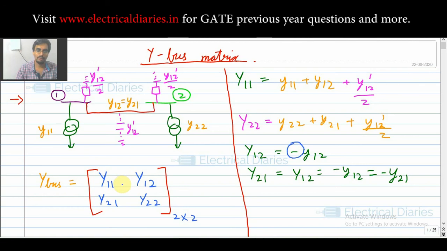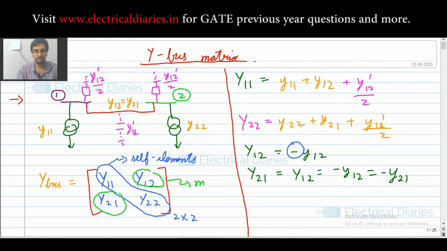So what you need to remember from the discussion till now is that your main diagonal elements are called self elements, and your y12 and all these elements are known as mutual elements.